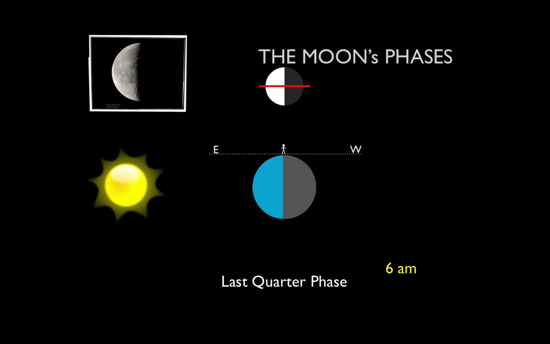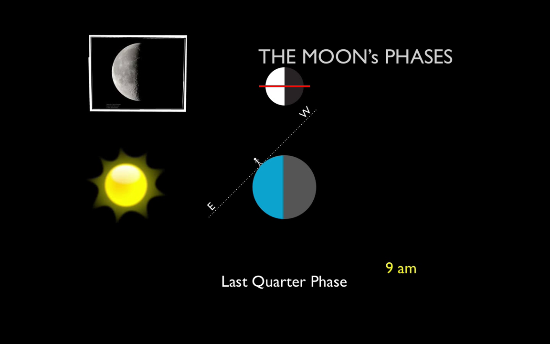Now 6 a.m. is the time when the sun rises as well, so now you see that as the sun is rising, the last quarter moon is directly above your head. Interesting, at 9 a.m., the sun is well above the eastern horizon, climbing towards its position at noon, but the moon is still well above the western horizon, so it can be easily seen in the daytime.